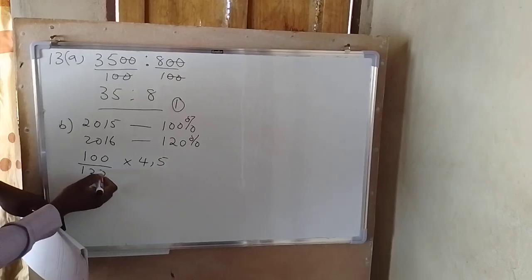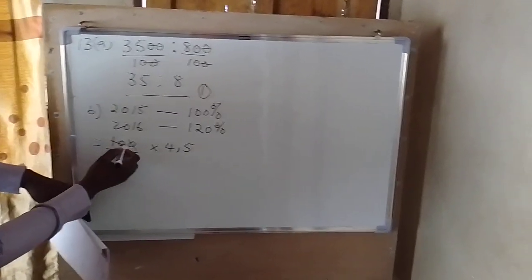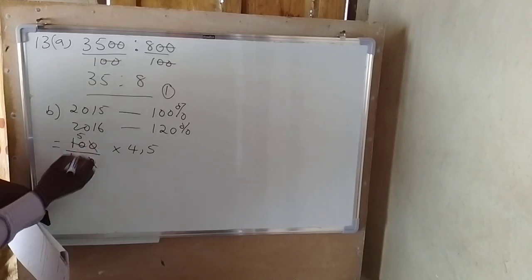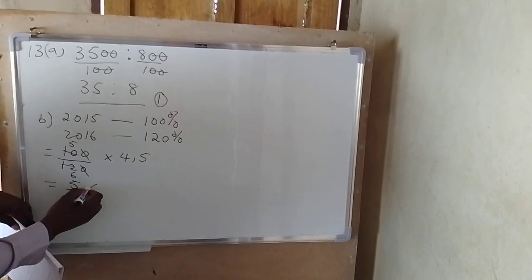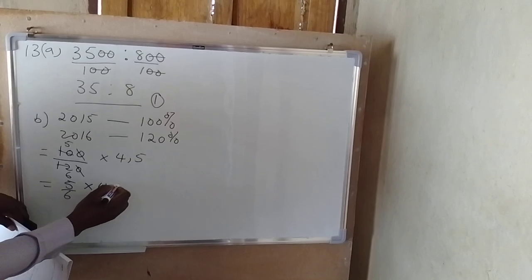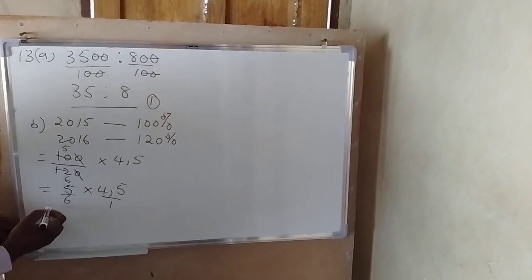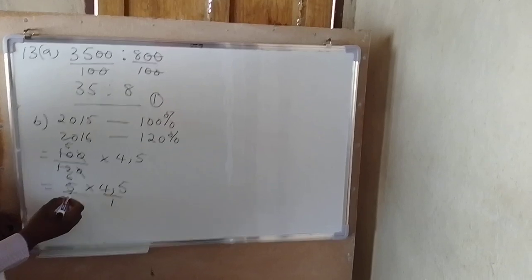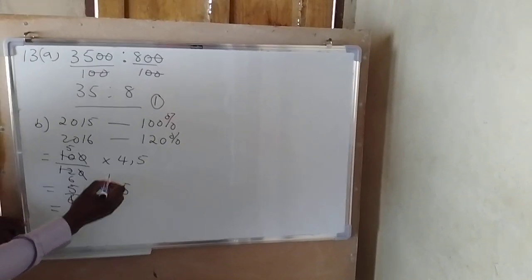Then if we cancel the 0 here, then 2 into 10, that's 5. Here is 6. So this becomes 5 over 6 times 4.5 over 1. Right, if you simplify here, 3 here is 2, 3 here, that's 1.5.